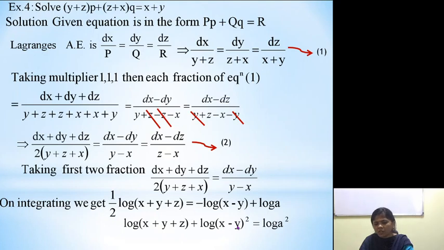Just rearrange, apply the law of logarithm. So multiply by 2 and bring this term on this side. We have log of x plus y plus z plus log of x minus y whole square. Here it will be 2 when we multiply by 2 and that goes to the power according to the law of logarithm: log of a raised to m is m log a.